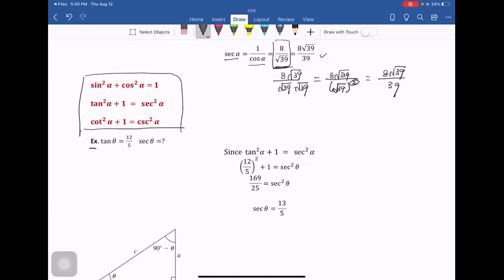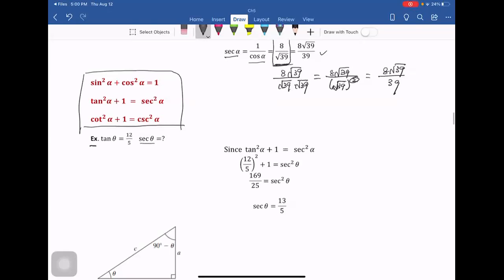First one, tangent theta equals 12 over 5. How about secant theta? Because we know that tangent theta squared plus 1 equals secant theta squared, because this question is theta.